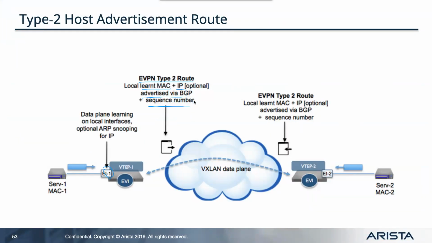I'll explain when it will be present and when it will not. But basically it will send a type 2 route, and that route will be received here, and it will update its MAC and ARP table based on the route received. Similarly, whatever local route it has learned, it will send this type 2 route update to other VTEPs, and they will also learn this. Okay.